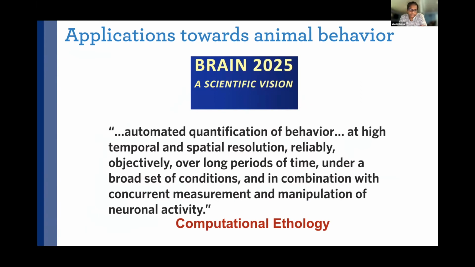Our core principle comes from the BRAIN Initiative. We're interested in automated quantification of behavior at high temporal and spatial resolution, reliably, objectively, over long periods of time under a broad set of conditions, and in combination with concurrent measurement and manipulation of neuronal activity. So this is an emerging field of computational ethology.